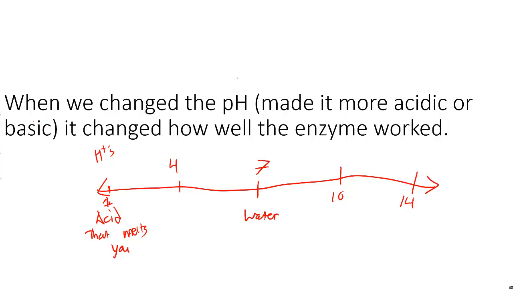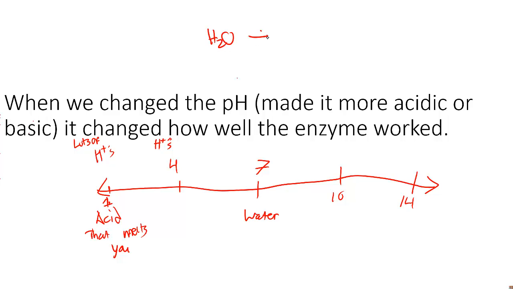Okay? You can get an acid that melts you because you get H pluses. And the more H pluses you get, the more acidic it is. So we have lots of H pluses. We have some H pluses here. Remember, water is H2O.